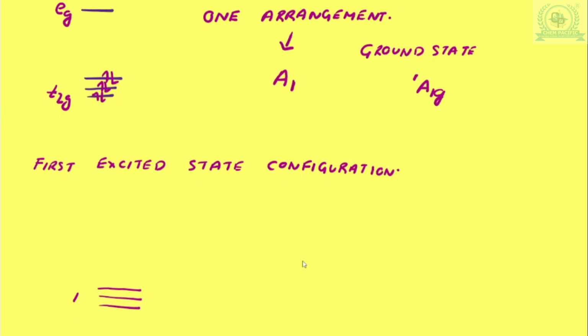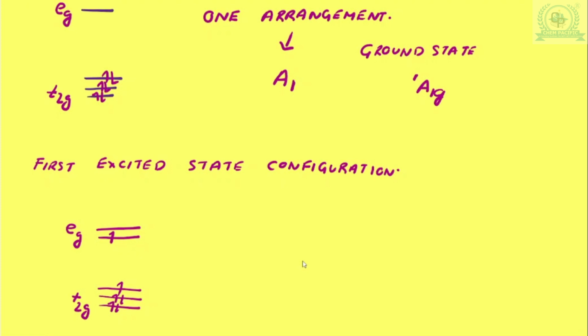So this is your T2G and this is your EG level. Clear? So in the first excited state, one electron will get excited to the higher energy level EG.